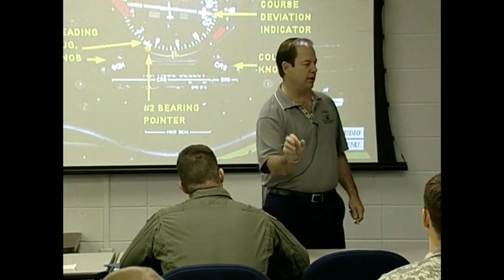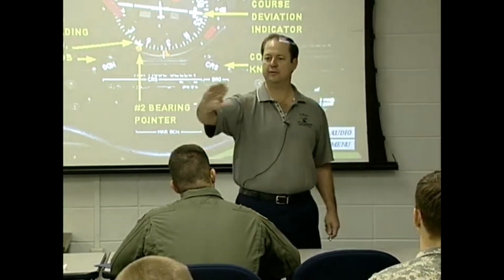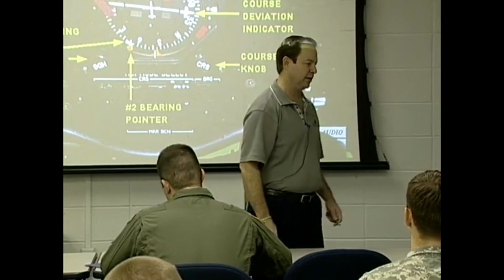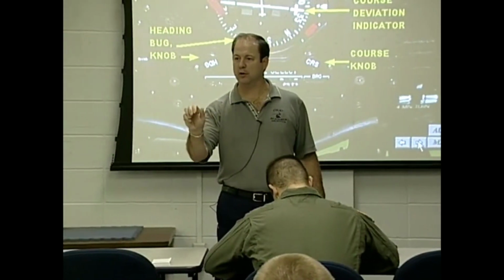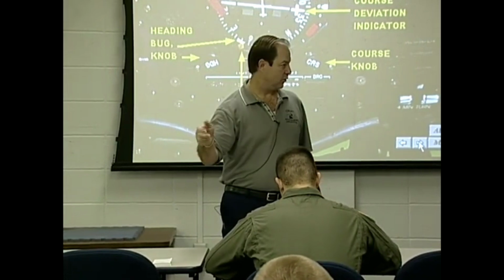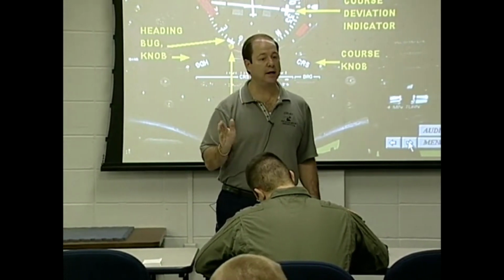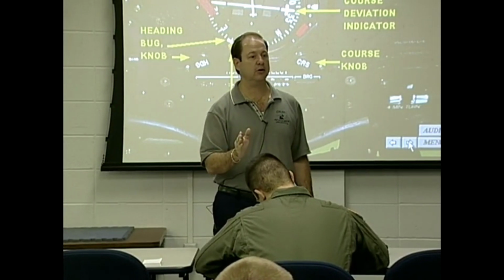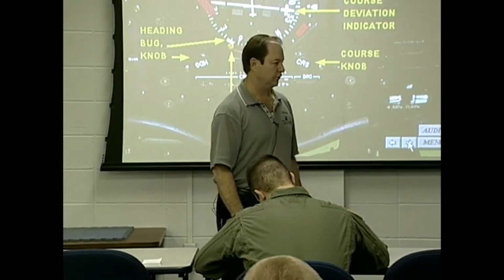But as soon as you roll it out greater than 180 degrees, then that aircraft's going to swing around and start going the other direction to get to it. What I just have to do is roll it a little slower, so as not to go beyond 180 out. And then once the heading that I want to obtain is less than 180 degrees out, I just roll the knob to it, and the aircraft will do just fine.